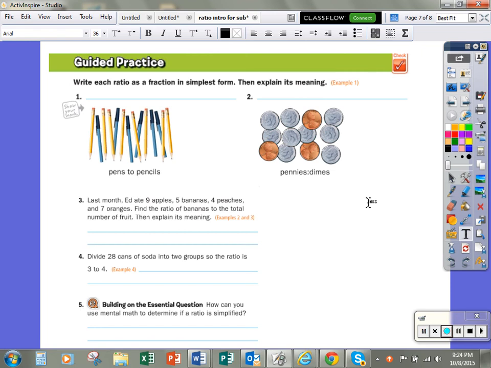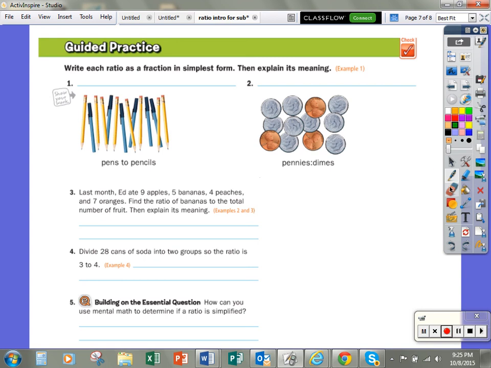Let's try some together. So for number 1, we want to write a ratio of the pens to pencils. So you can pause the video for a moment till you find the answer to that. Okay, so pens, 1, 2, 3, 4, 5, 6.